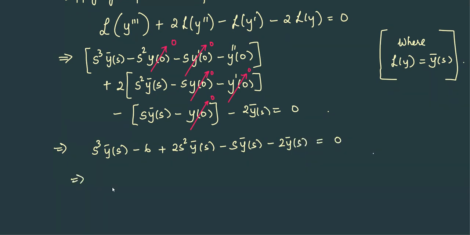So take 6 to the other side, y bar s will be 6 upon s cube plus 2s square minus s minus 2. So this is y bar of s.